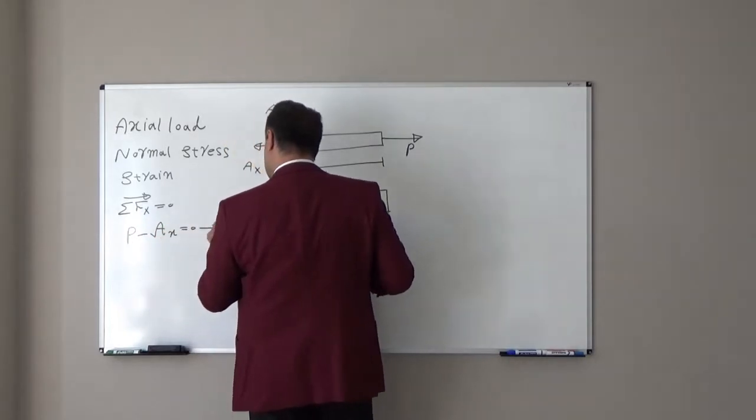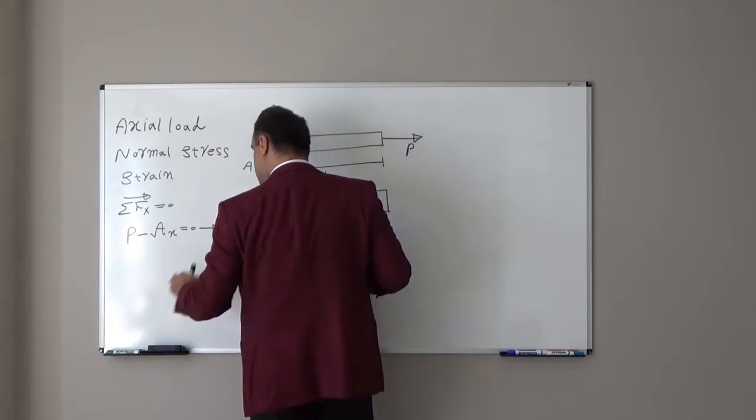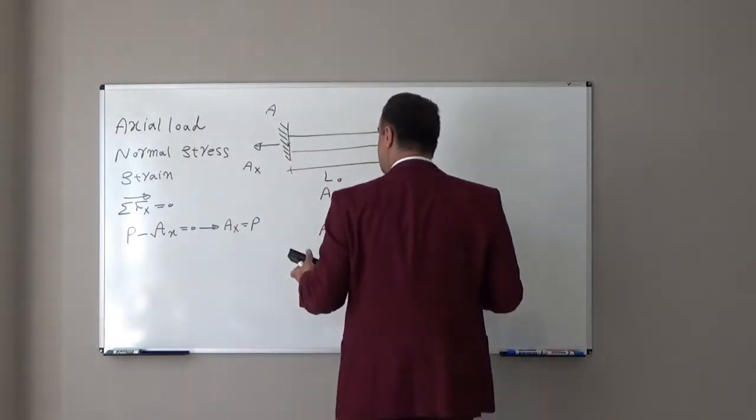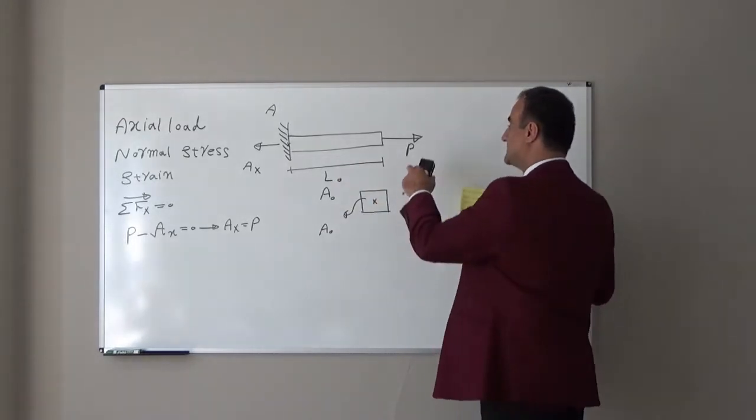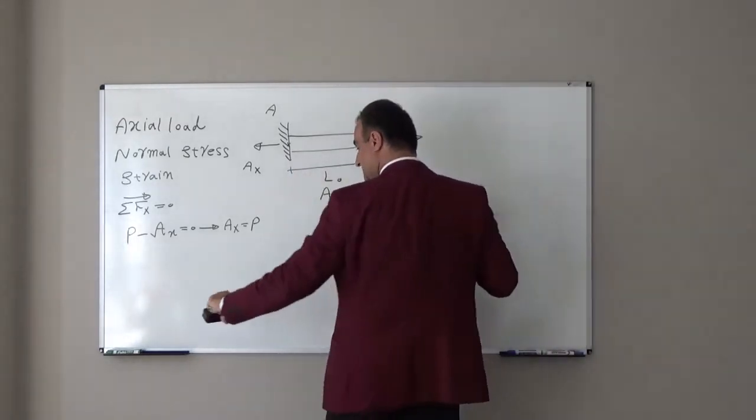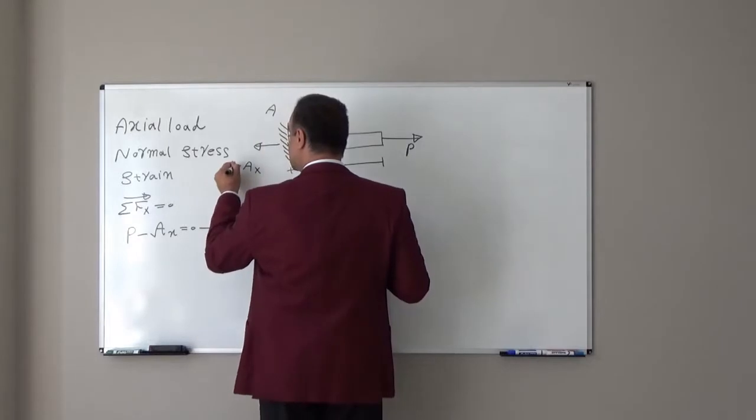From here, AX will be equal to P. So this bar will not move in the horizontal direction because this P and the reaction P cancel each other.